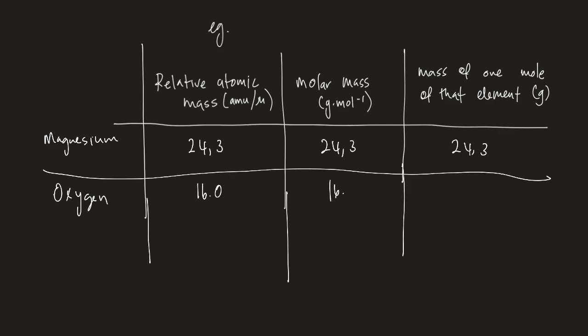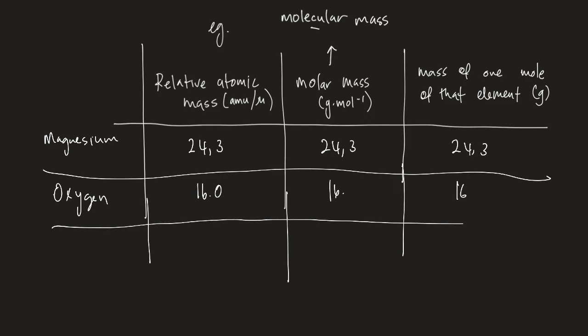Another word for molar mass is molecular mass. The reason I'm not using molecular mass is because that sounds like the mass of a molecule, but that's what molar mass is. And the mass of one mole of oxygen is 16.